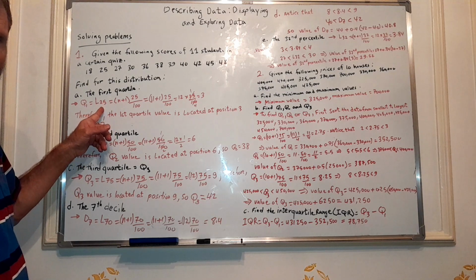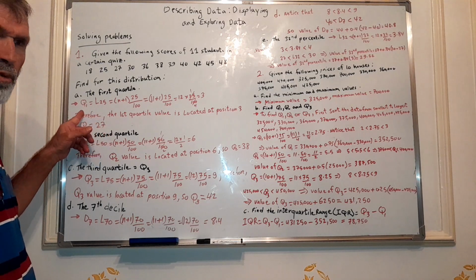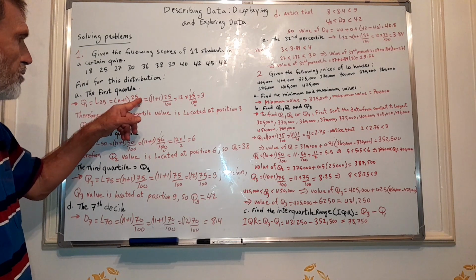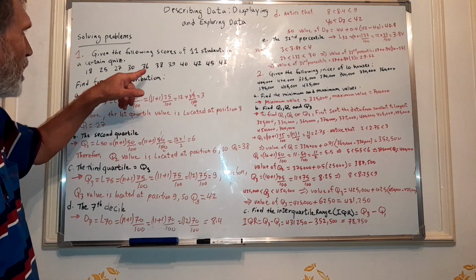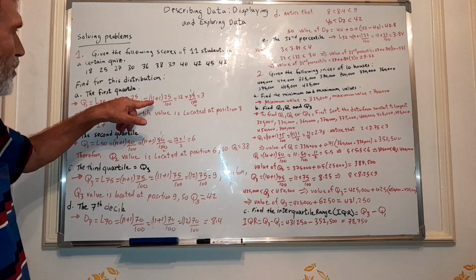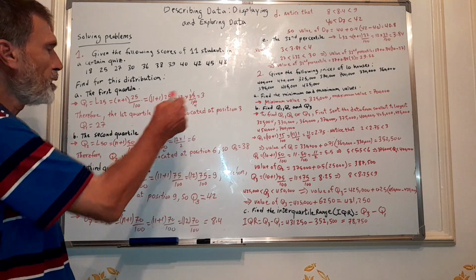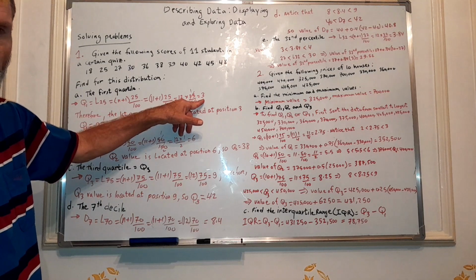The formula is LP, so the percent is 25. So Q1's location L25 is equal to (N plus 1) times 25 over 100. Since we have 11, we have 11 plus 1, 25 over 100, and then we do the calculation, we come up with 3. This is the location of Q1.